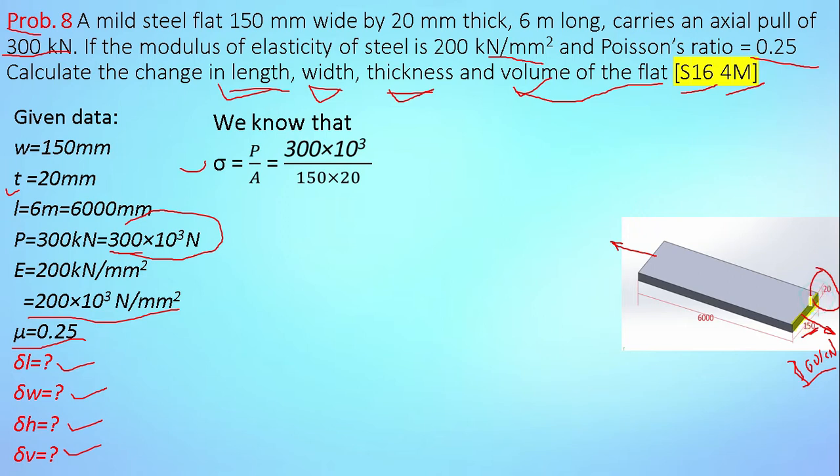So this is the cross sectional area. So stress along this x-axis is equal to this load divided by this cross sectional area, 150 multiplied by 20. So stress is equal to 100 Newton per mm square.